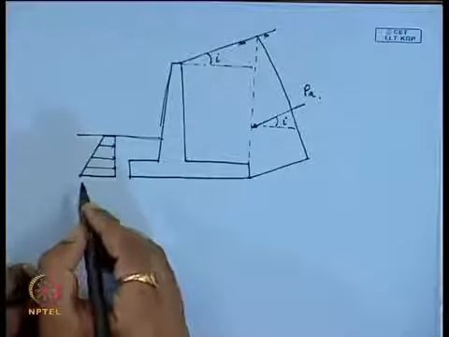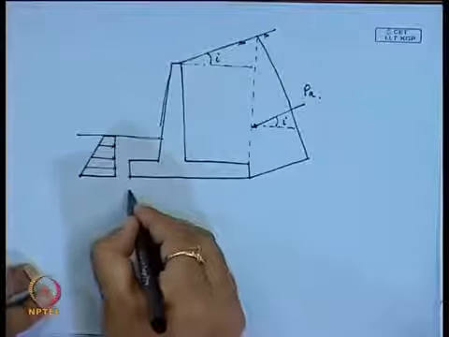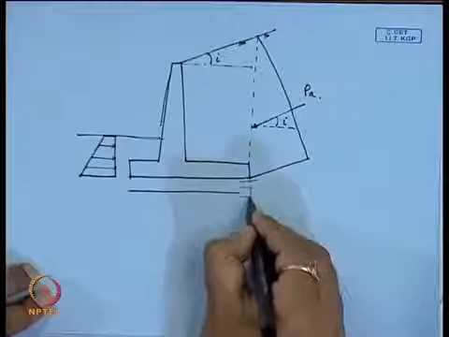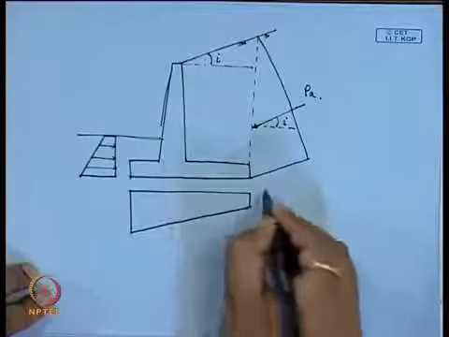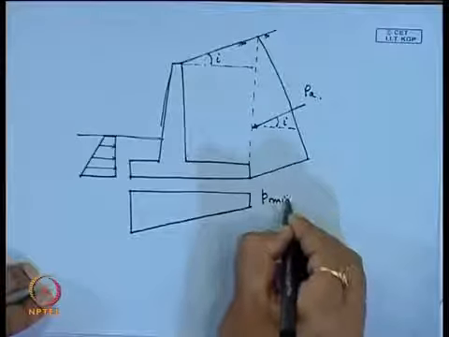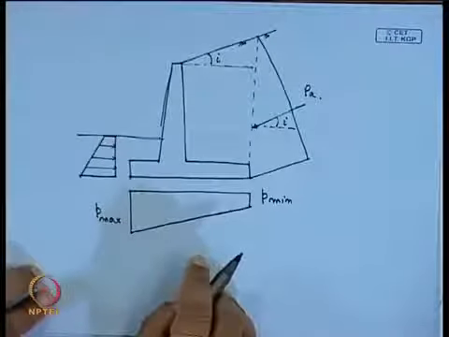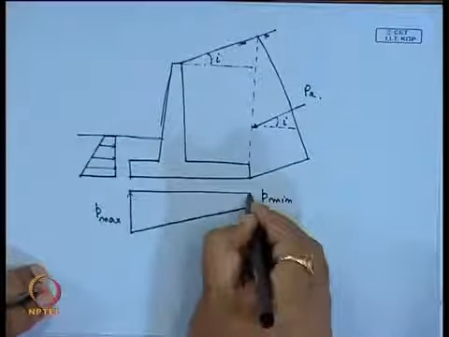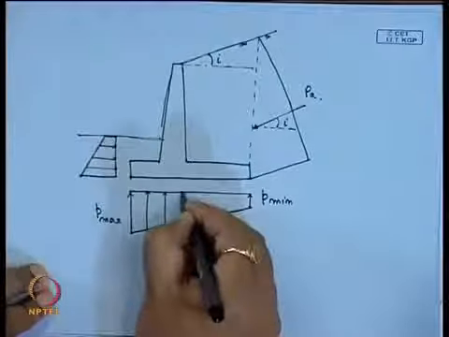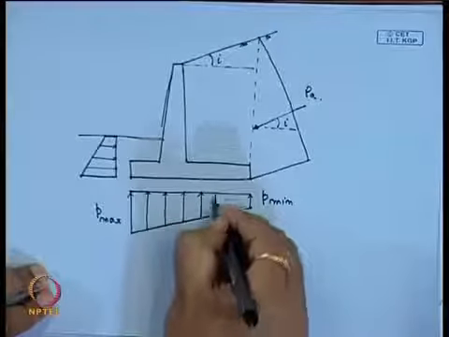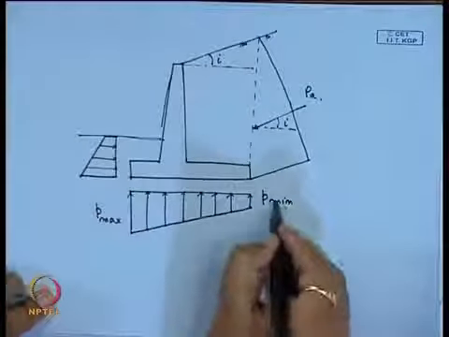Now, here we will consider the passive pressure, and this is the reaction force that will act on the base in this form. That is P min and this is P max. So, this reaction will act in this form.